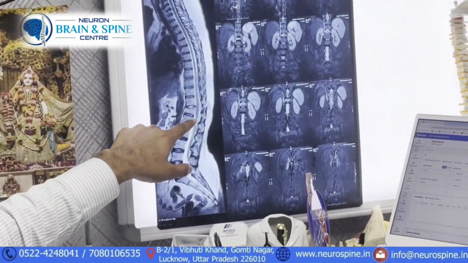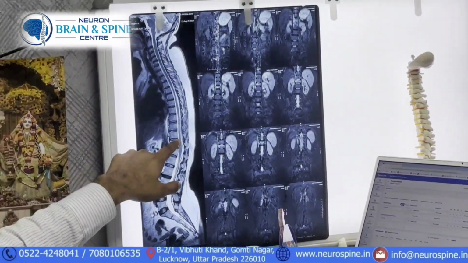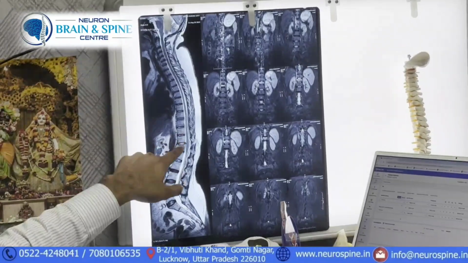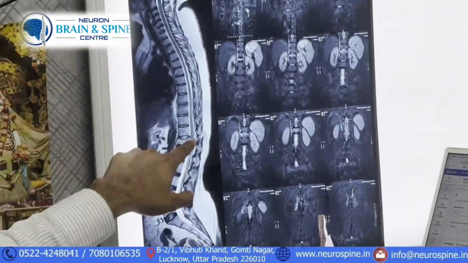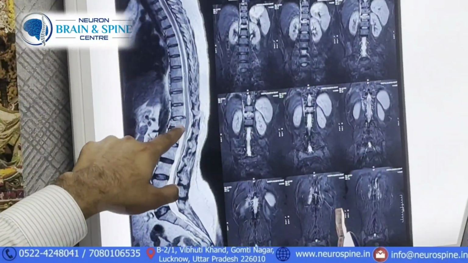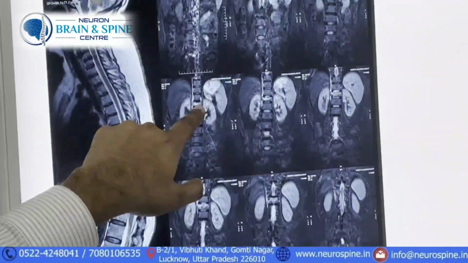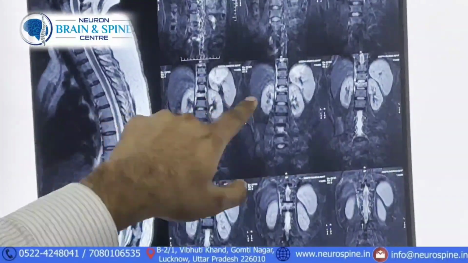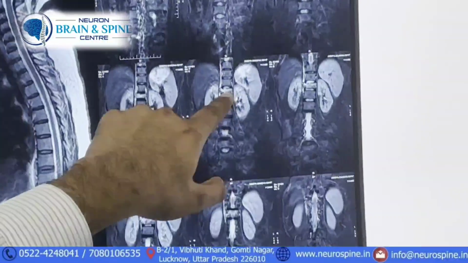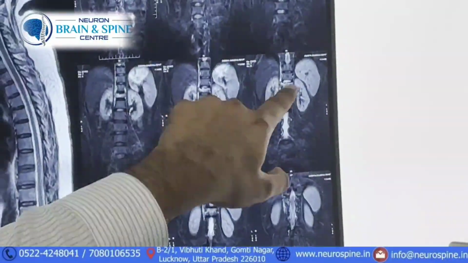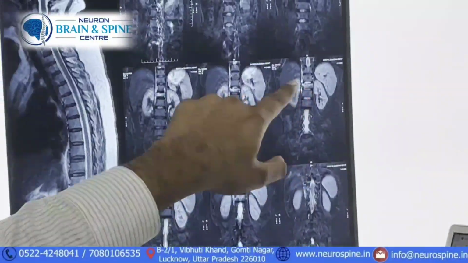As you can see here in the MRI, this is the normal square vertebra, but here the vertebral height is decreased, and in the coronal section we can appreciate hyperintensity in the MRI because of the fracture into the spine.